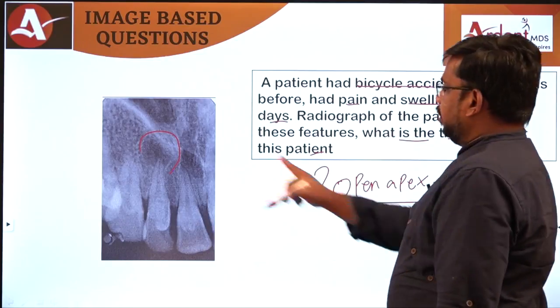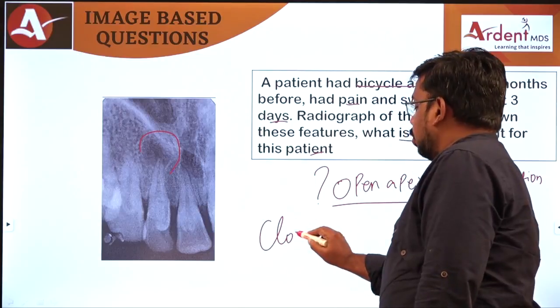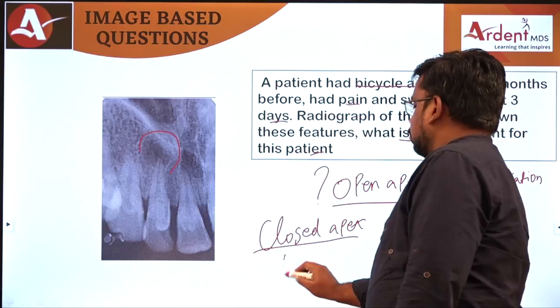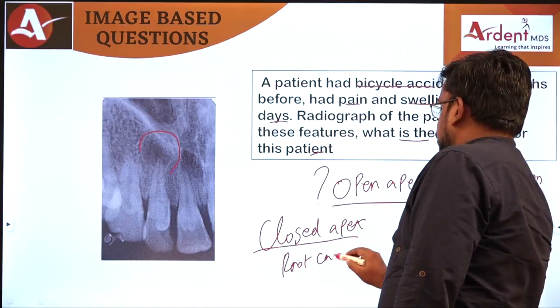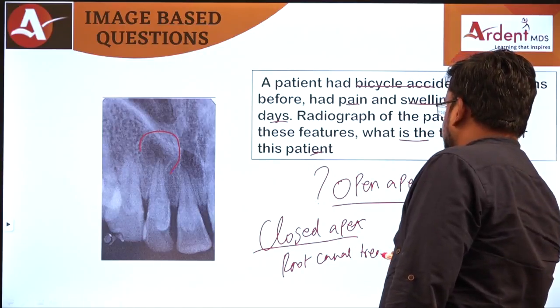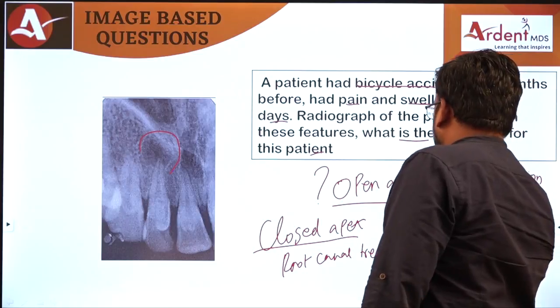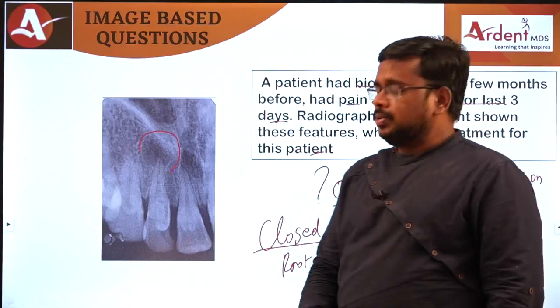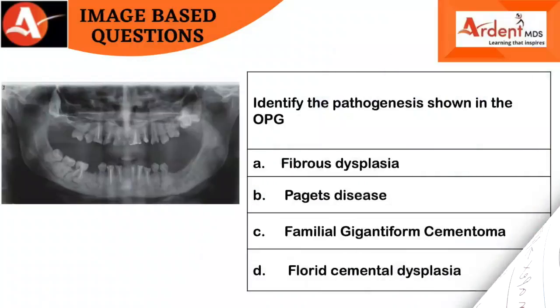But in case the picture is given like a closed apex, then you have to go for root canal treatment. So depending upon the image which is given to you, the treatment option may vary, and you have to check the options also. Based on this, you have to conclude which is the best option for that question.